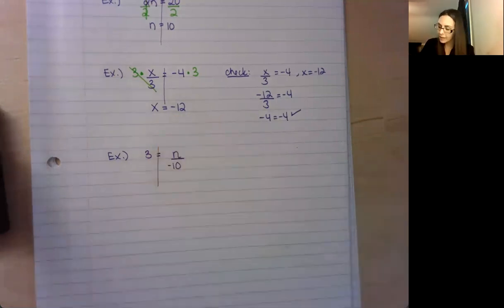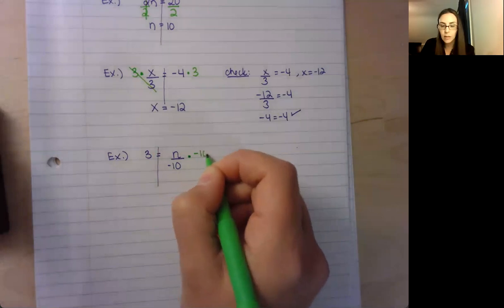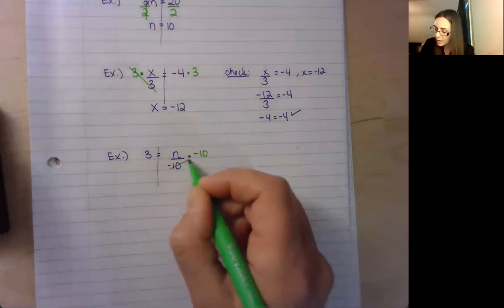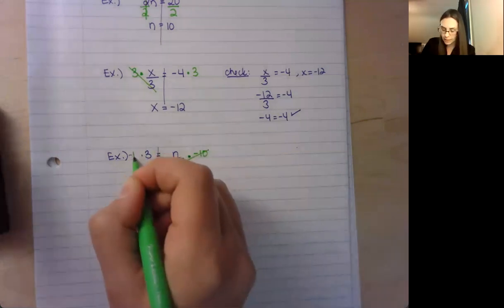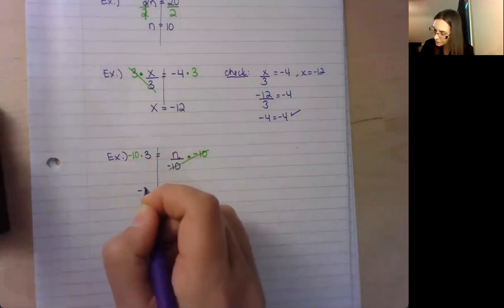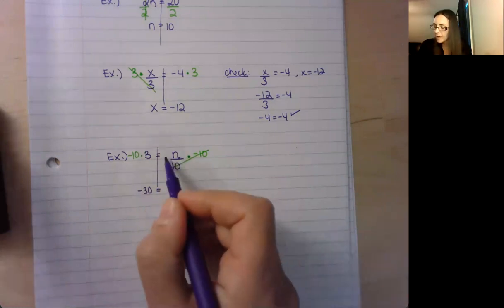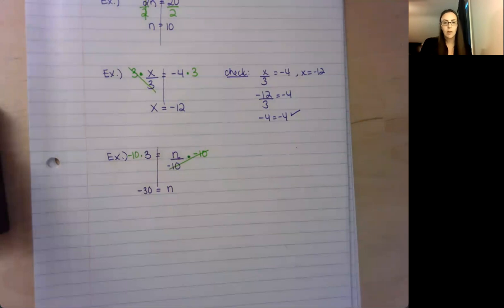So I'm dividing by negative 10 here. The way to cancel a division is to use multiplication. They're opposites. So that will cancel that out. And of course, don't forget to do it on both sides. So I have n is equal to negative 30. And you can check this as well. Negative 30 divided by negative 10 will be 3. So this is one that we can probably just do a mental check here.